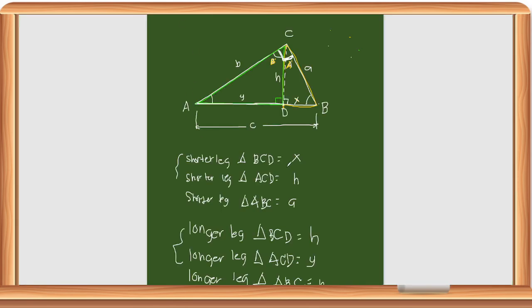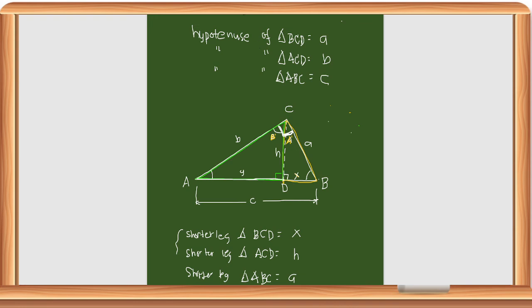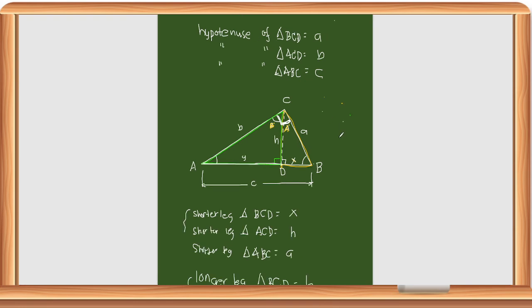Iba naman ang gawin natin. This time, kunin natin yung ratio ng hypotenuse over the shorter leg, or shorter leg to the hypotenuse, no?